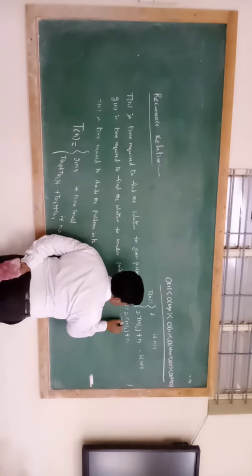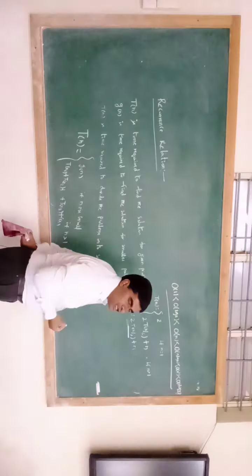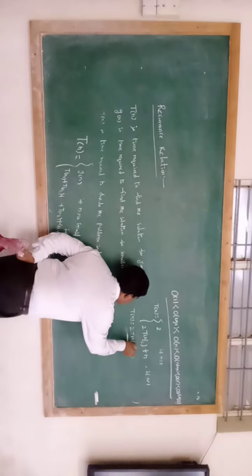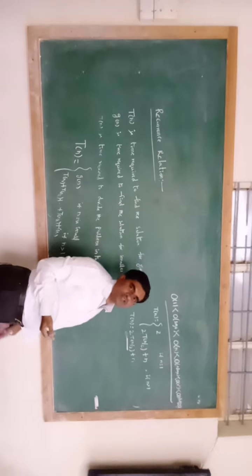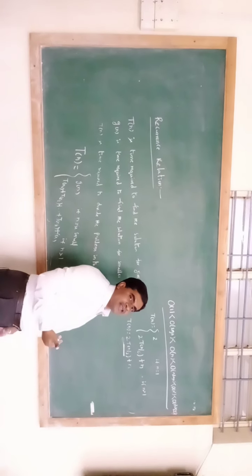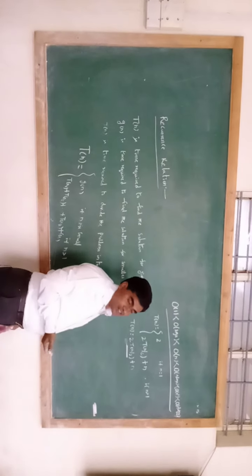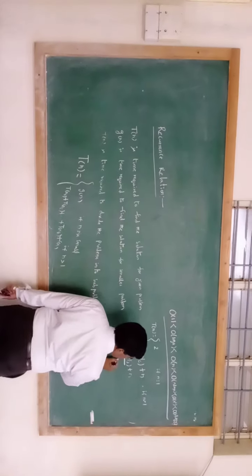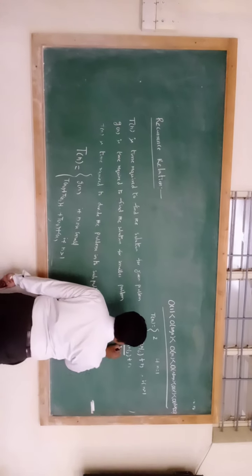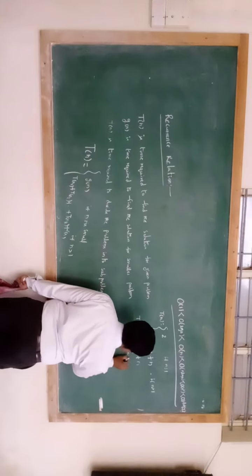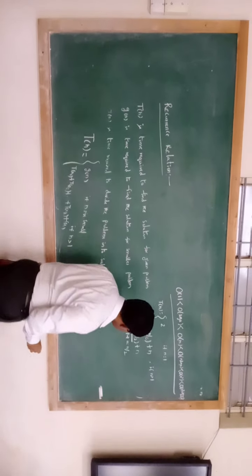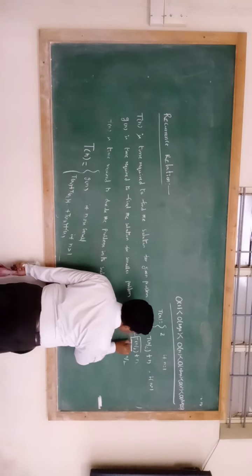T of n by 2 means again we are applying the same procedure on the sublist. Suppose the sublist also has more than one element. Again we are dividing into two sublists, so wherever n elements are there, we make n by 2. Put n equal to n by 2, wherever the sublist is there.